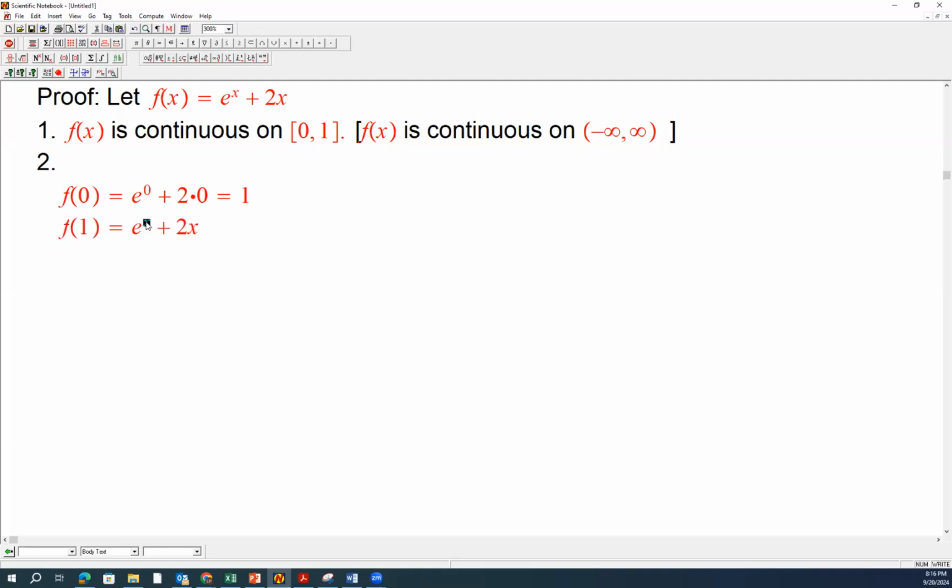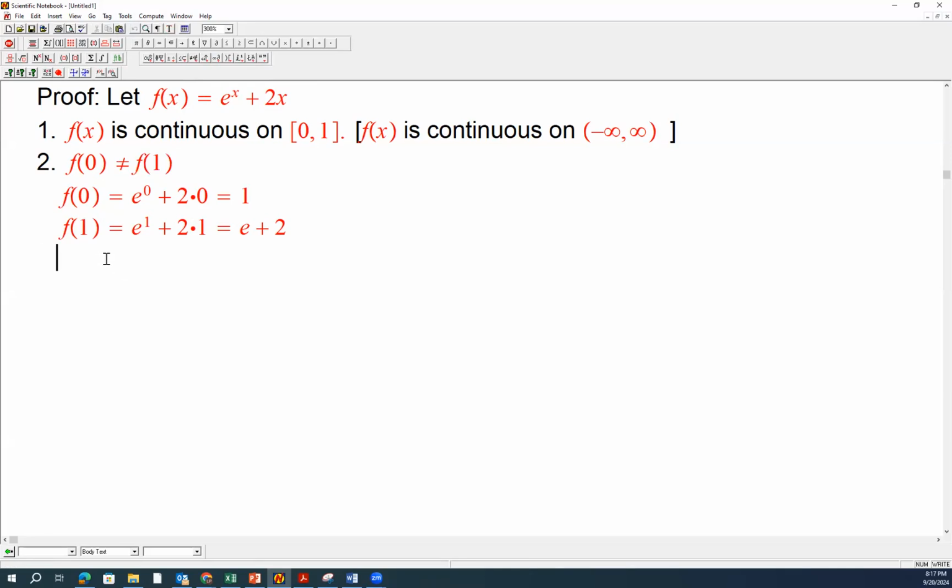That is e to the power 1 plus 2 times 1. And what do I get? I get e plus 2. E plus 2 is about 3, right? So now we have demonstrated f of 0 is not equal to f of 1.